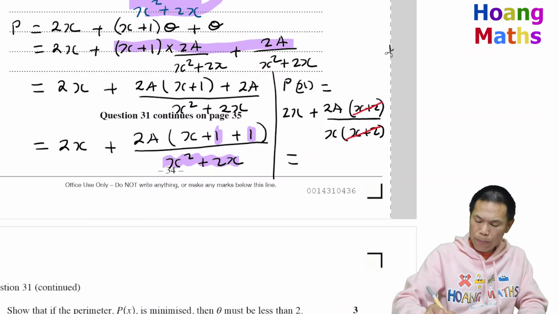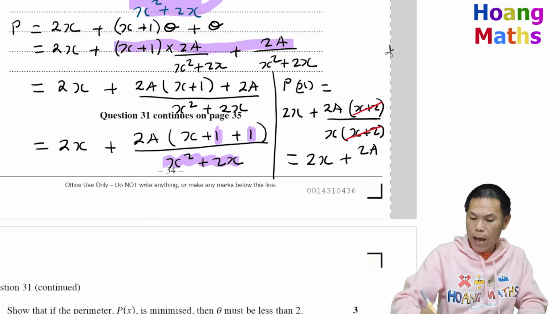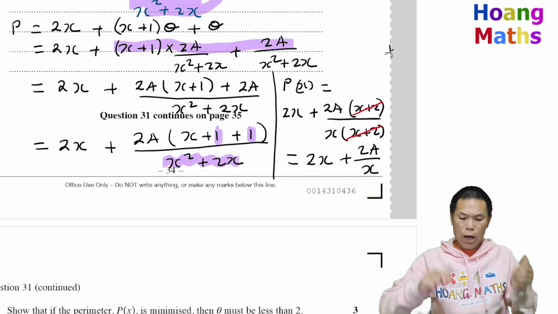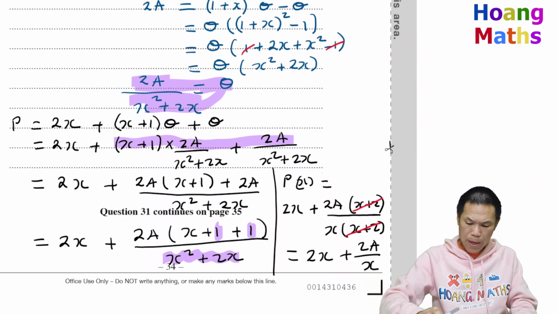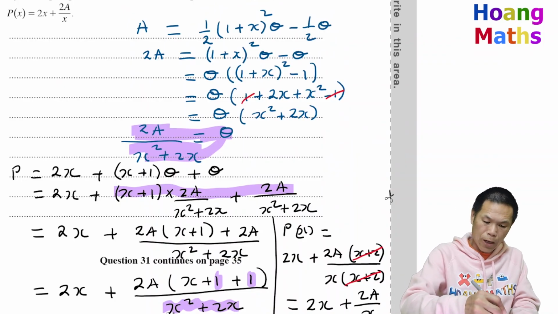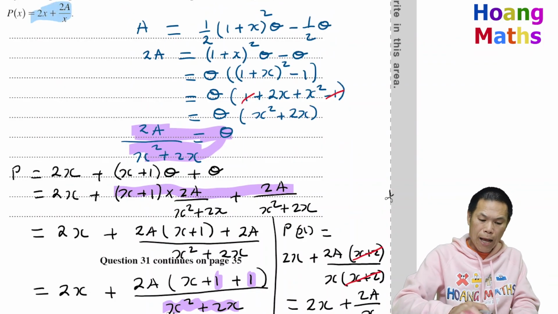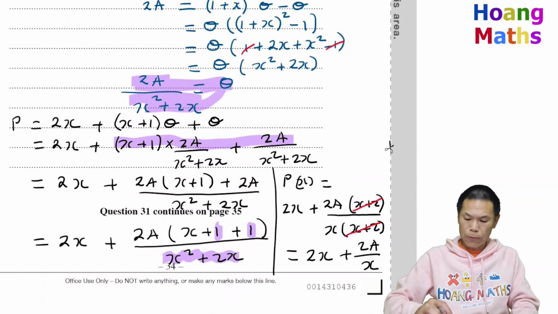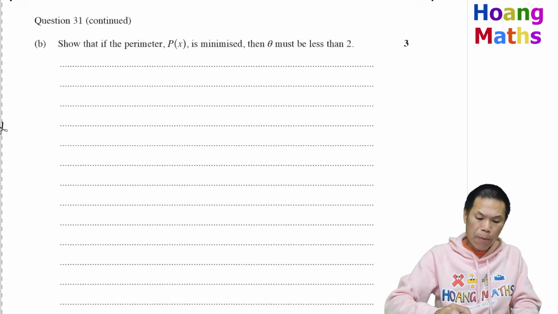So therefore, that will give me 2x plus 2a over x. So there you go. That should be the same as above here. So there you go. So 2x plus 2a over x. So there you go.